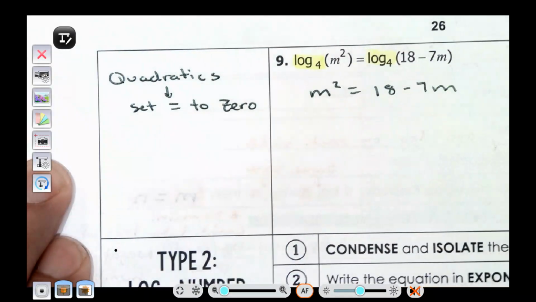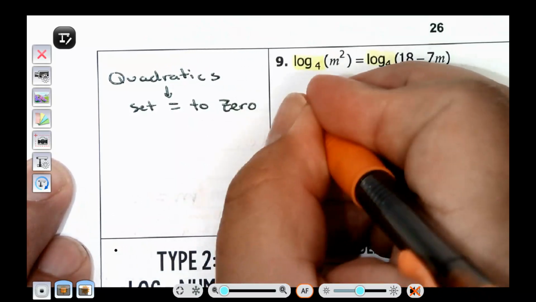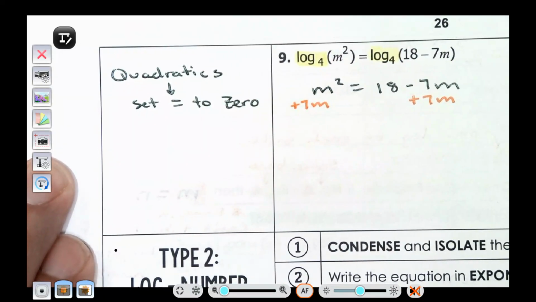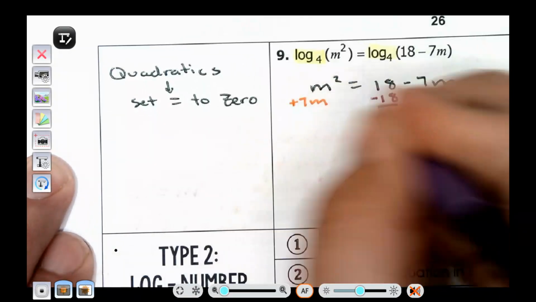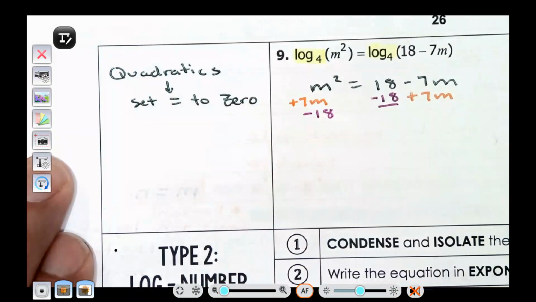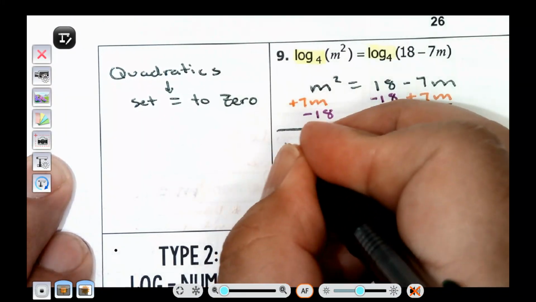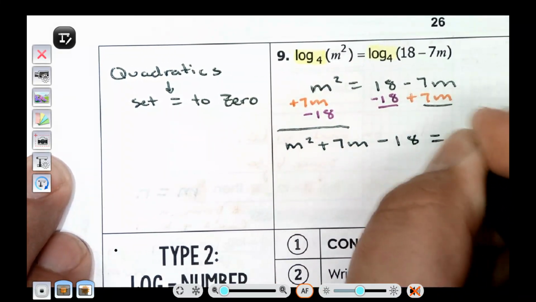I'm going to add the 7m. In fact, here, let me do that now. I'm going to add the 7m. But I am also going to subtract the 18. We're just going to try to do it all in one shot here. So minus the 18. So after all of that, we have m squared plus 7m minus 18 is equal to 0. So that's the first thing.